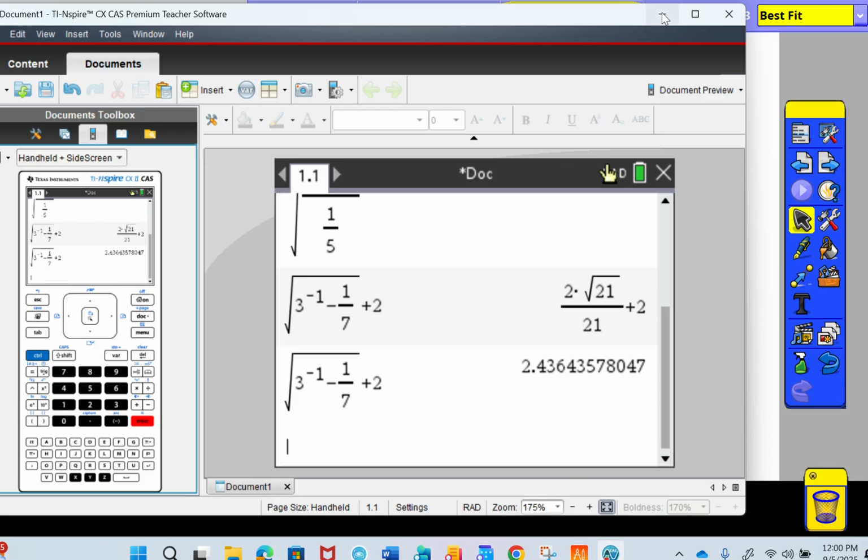Okay. I don't think anybody made a mistake, I thought. So remember to bump that plus 2 outside. Otherwise, it keeps it inside the radical, and then your answer's wrong. So I did control enter, 2.436.